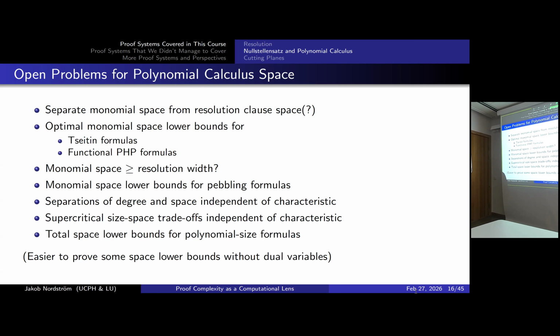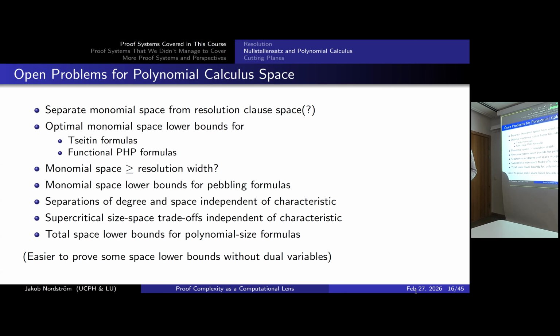Degree can be constant and monomial space can be linear, but this separation depends on the characteristic. We don't have any characteristic-independent such strong separation. Supercritical size-space trade-offs, you can get similar results to those we have for resolution, but they use Tseitin formulas, so they won't hold in all characteristics.